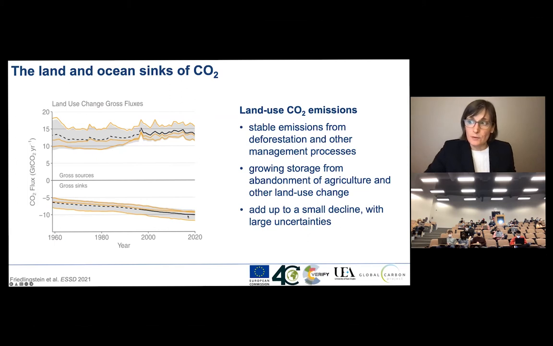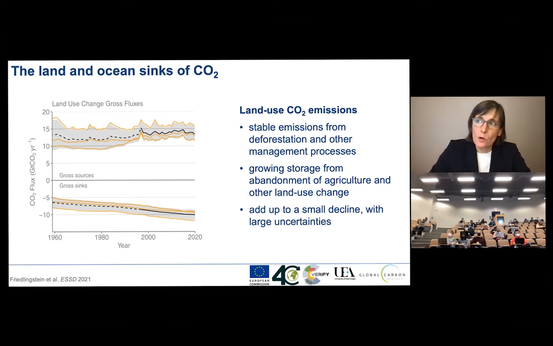And these processes are at the bottom. As far as we can tell, although the data is frustratingly not very reliable, the gross emissions from land use change have been relatively stable in the last decade or so, whereas the sink has actually increased, so that the sum of these two is what leads to a small decline in emissions.